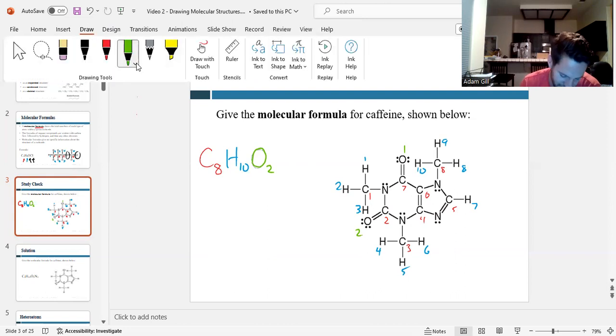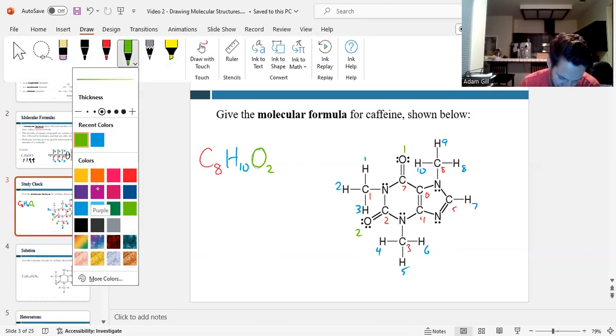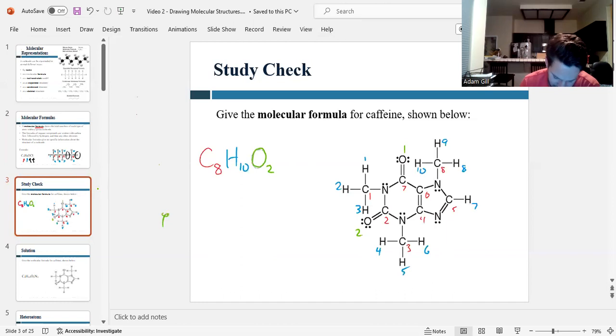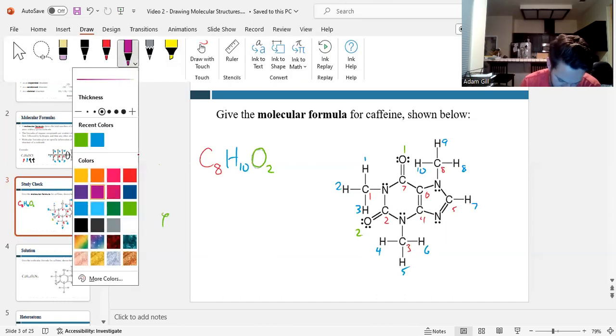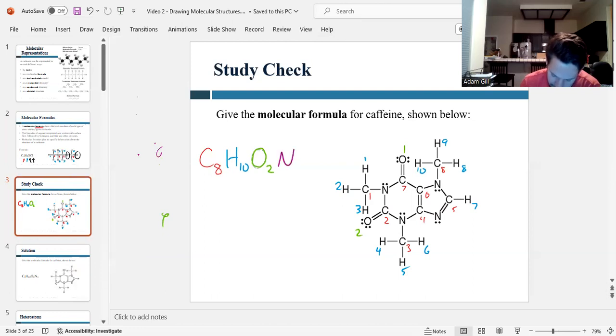And another color. Let's do purple. Oh, didn't take. There we go. And let's do nitrogen last. Let's see, 1 nitrogen, 2 nitrogens, 3 nitrogens, 4 nitrogens. So that would be our molecular formula.